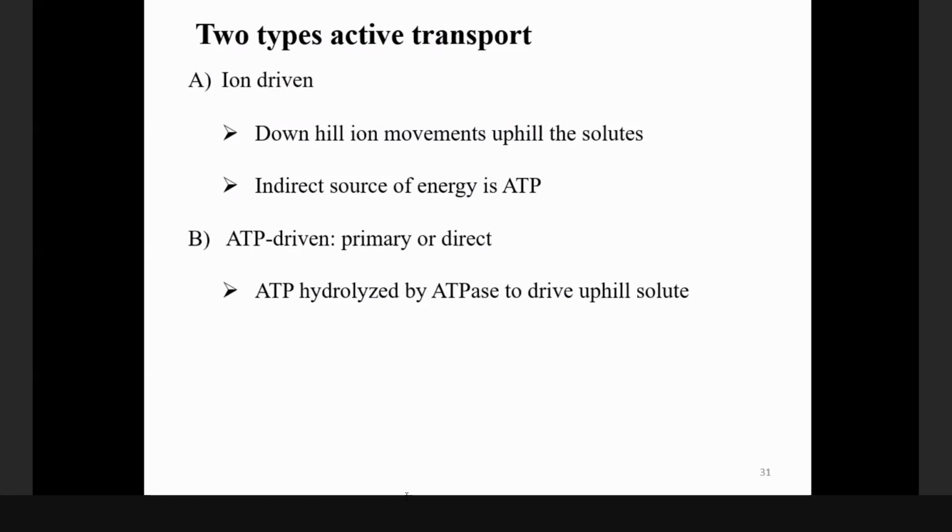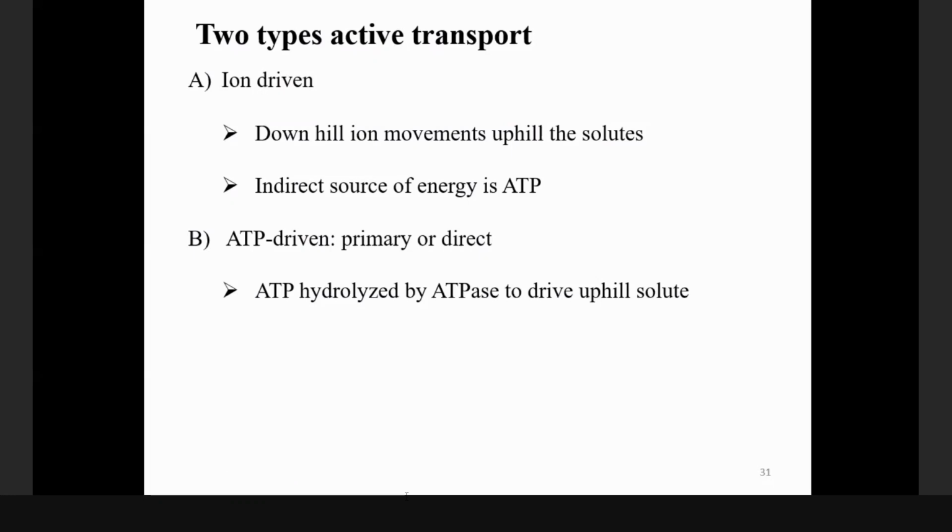Like for instance, in the case of direct active transport, the source of energy is ATP, that is adenosine triphosphate. There are three phosphates combined with adenosine.